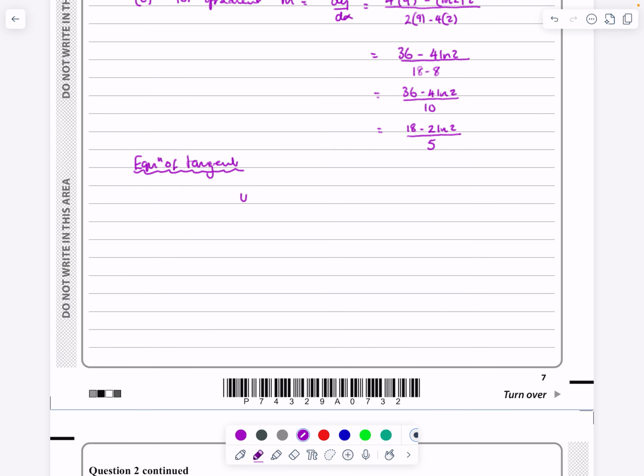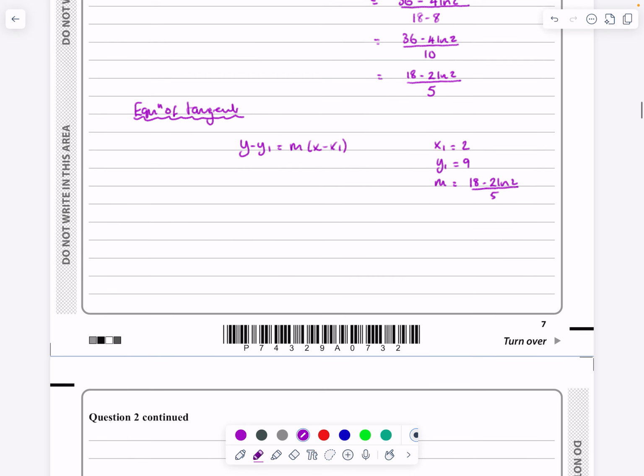The equation of a tangent is y minus y1 is equal to m times x minus x1. And now I've got that x1 is equal to 2, y1 is equal to 9, and m is equal to 18 minus 2 log 2 all over 5.